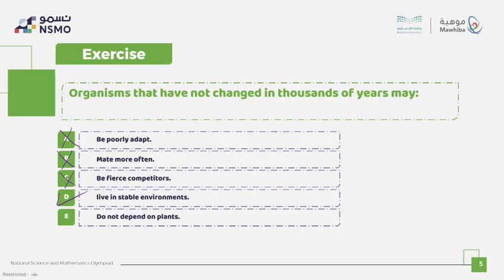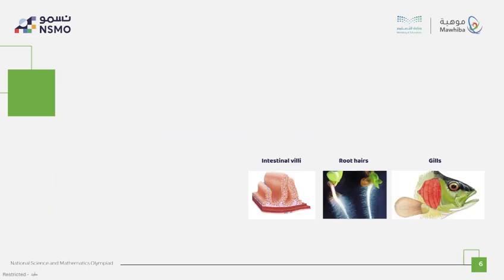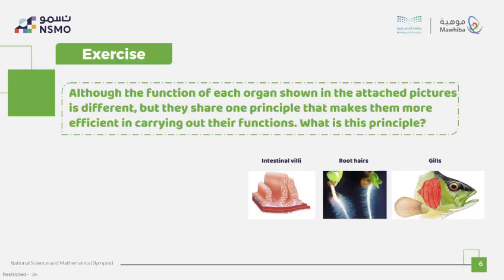Why would that be incorrect? Because food source alone doesn't explain evolutionary stability. So the correct answer would be D, live in stable environments. Okay, let's move on to another one.